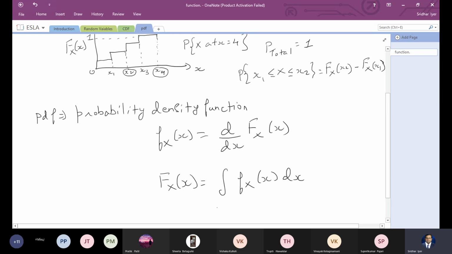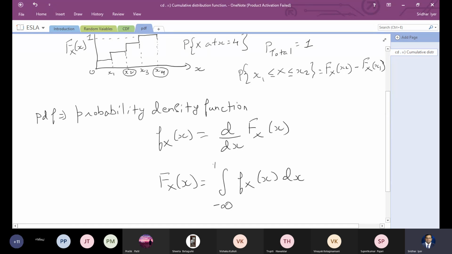The starting point for any experiment is the lowest value. That means we have not yet started conducting the experiment. So the lowest value is negative infinity. The highest value is when you have stopped the experiment and the total probability becomes 1.